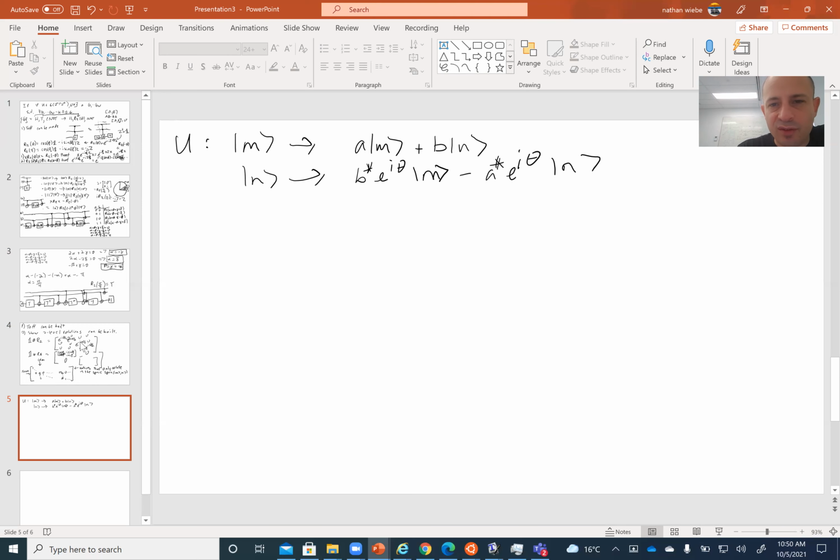So this gives us basically everything we need for this to be a valid unitary transformation in the space spanned by M and N. We just also need that L, chosen to not be in the span of M and N, maps to L. So this is the form of the unitary transformation.